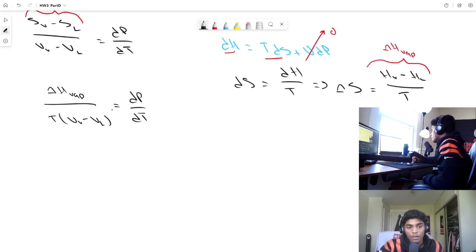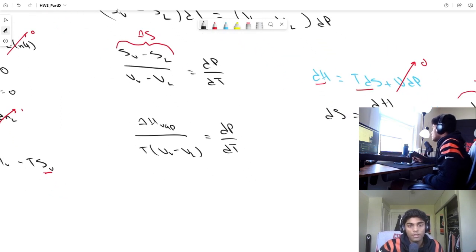And so this is what we call the Clausius equation.